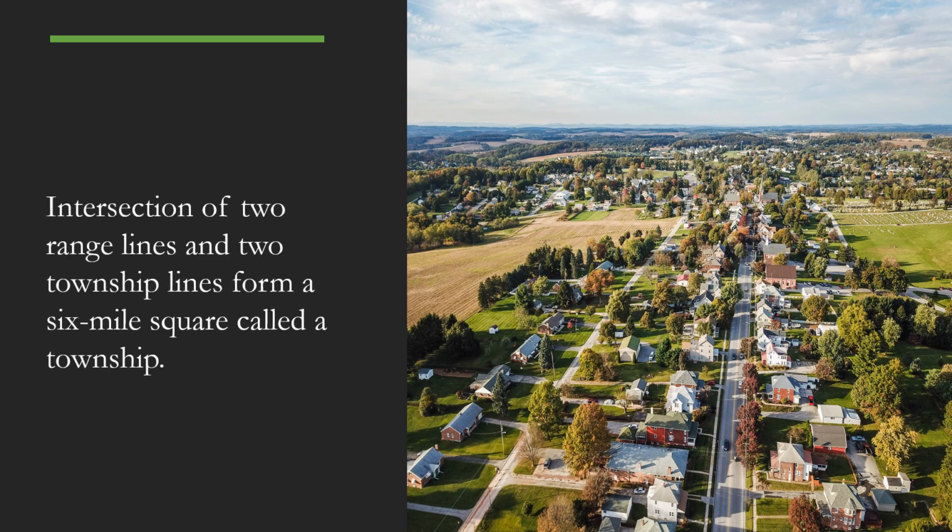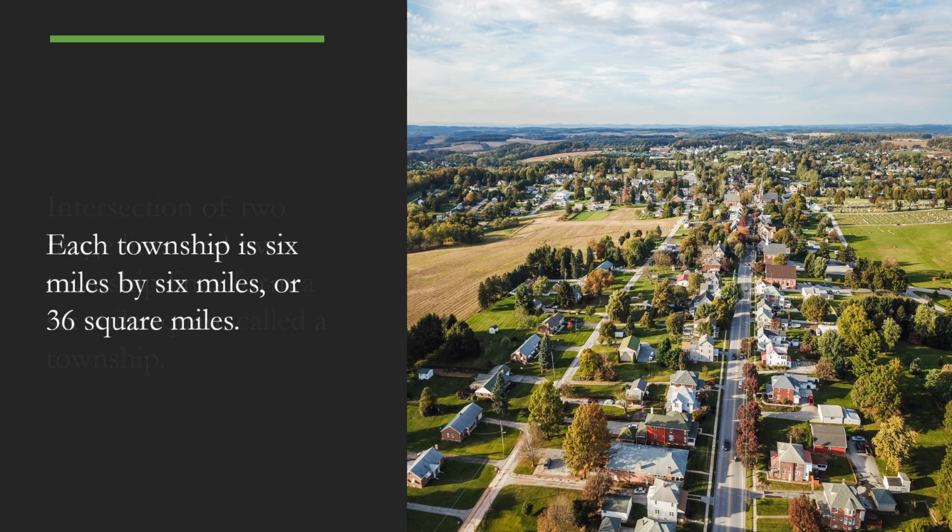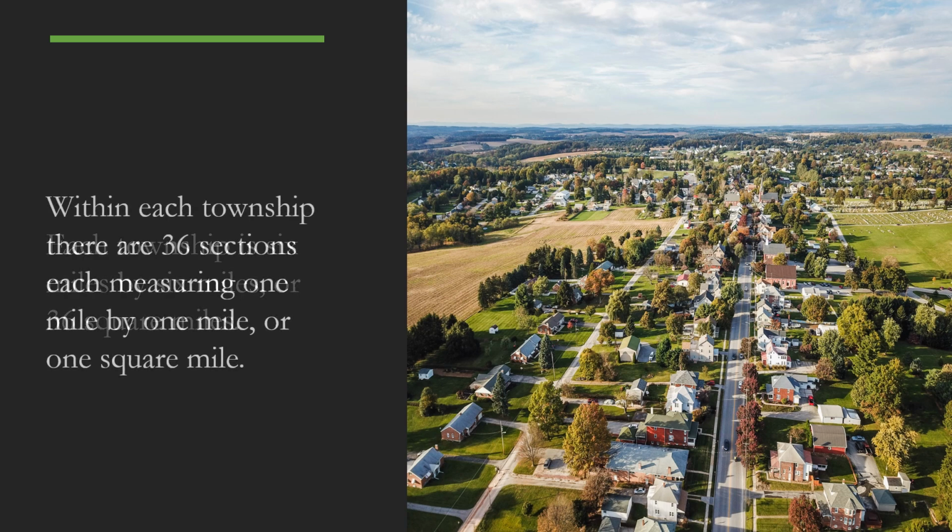The intersection of two range lines and two township lines form a 6-mile square called a township. Each township is 6 miles by 6 miles, or 36 square miles. Within each township, there are 36 sections, each measuring 1 mile by 1 mile, or 1 square mile.